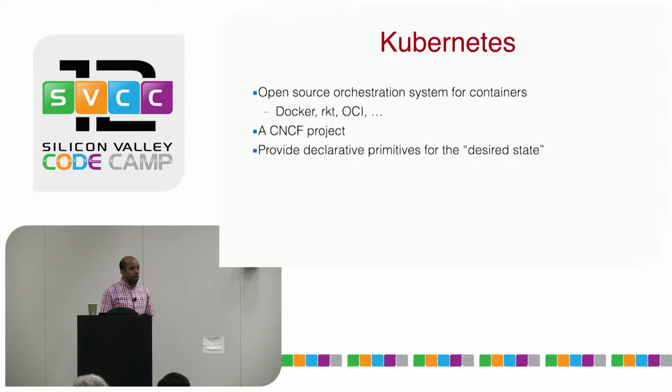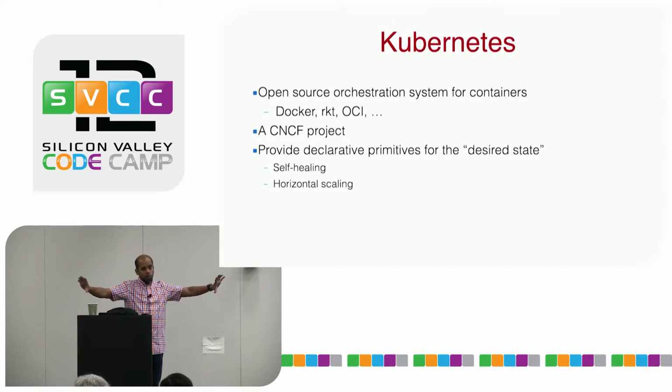Just like Docker, it provides declarative primitives for your desired state. So you can say, I want to run 4 instances of this particular service. So it'll keep running 4 instances. If an instance goes down, it'll bring it back up. So that's the self-healing nature of it. It gives you horizontal scaling. You can add more nodes to the cluster very well.